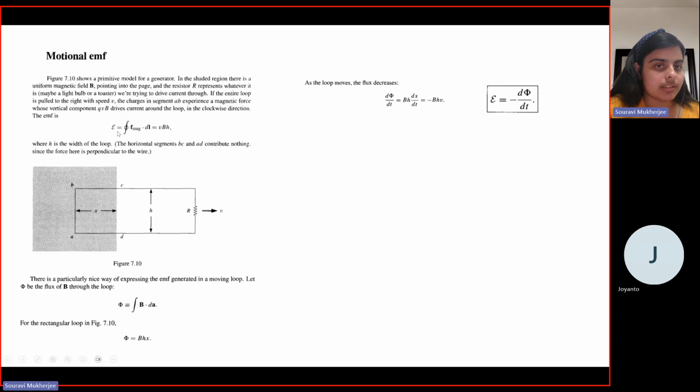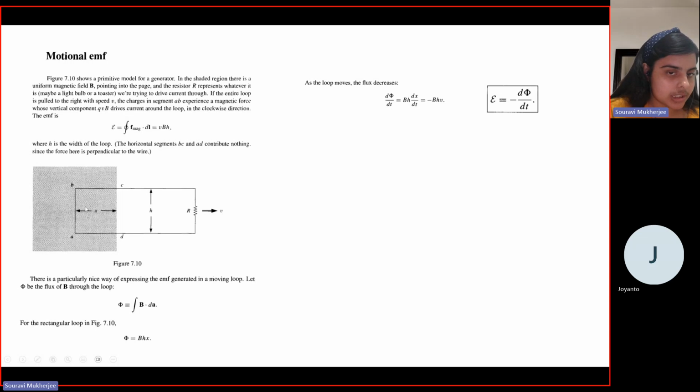Now if you are asked what was the work done by this force over the line integral of your loop, this is the work done for moving a unit charge from one point of the loop back to the same point all around the loop. You do this line integral, and what you get is vBh. Why h? Because you have to be careful about the direction of your force.